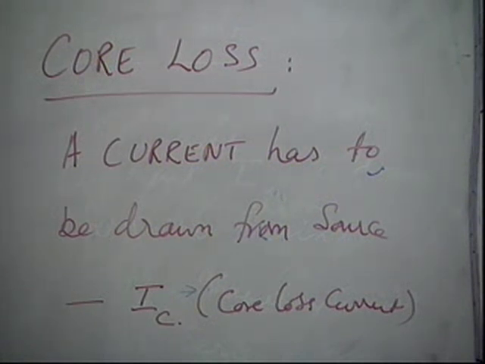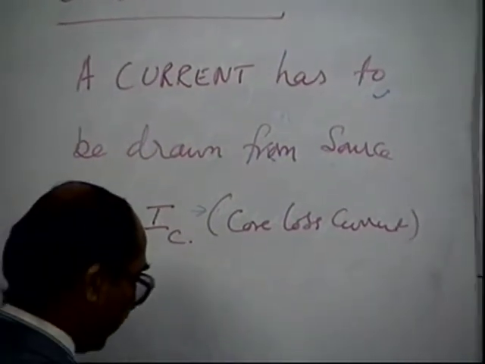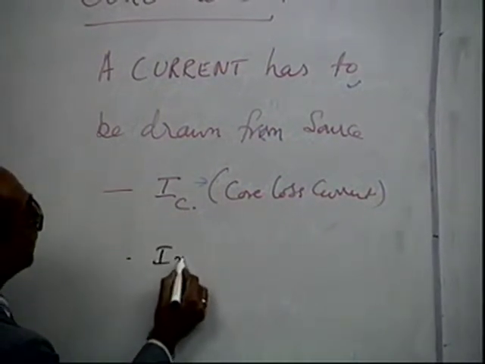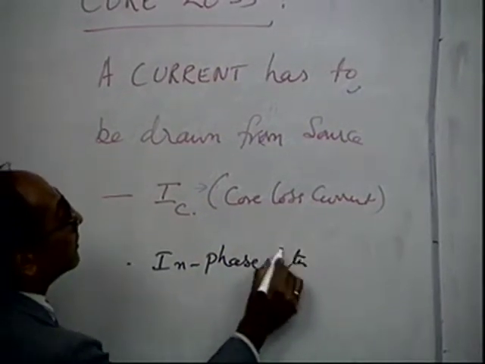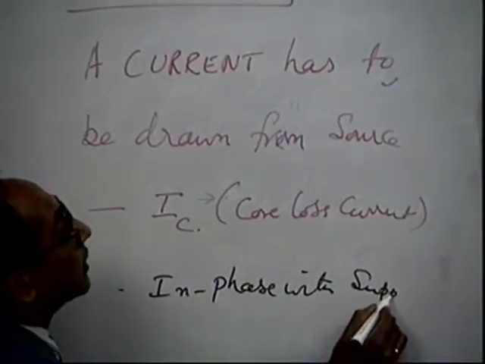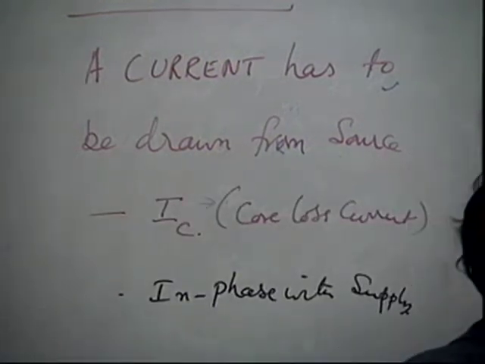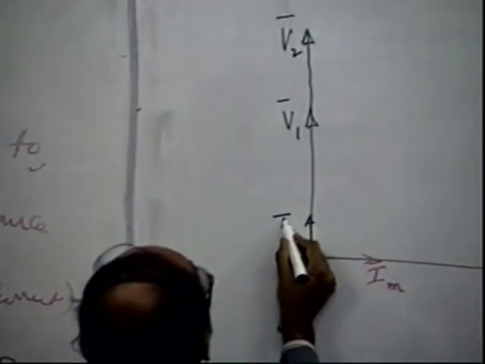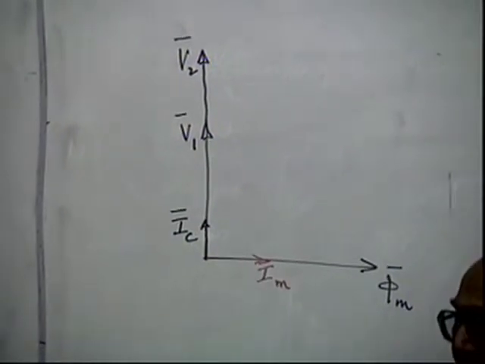Therefore this IC is in phase with the supply. So you will have a current drawn in phase with the supply.